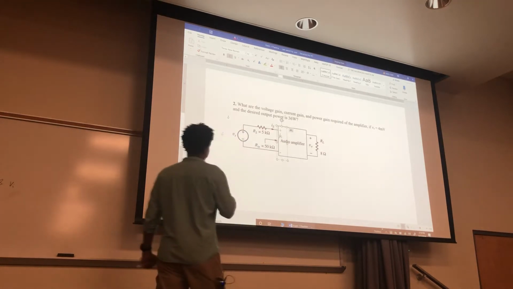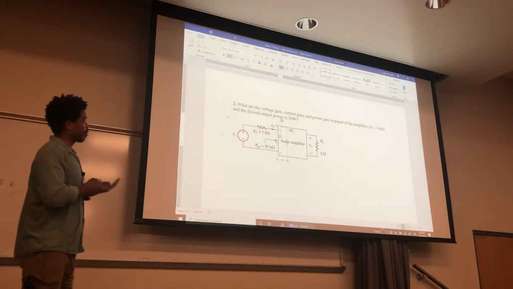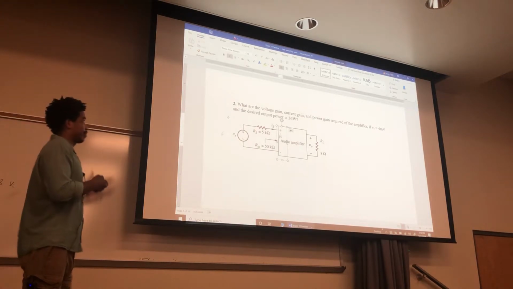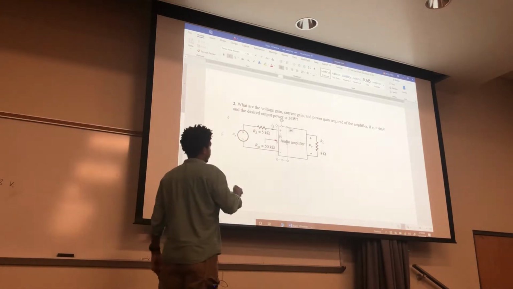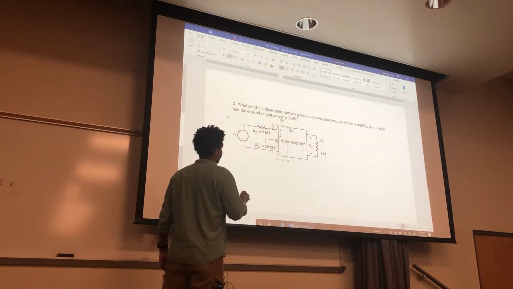This could be the voltage signal of an electromagnetic wave coming into an antenna, and that's the resistance of the antenna, anything. But of the amplifier itself, that's the voltage that's seen at the amplifier for input, and that's the output voltage right there. And of course, that voltage is affected by the resistance.